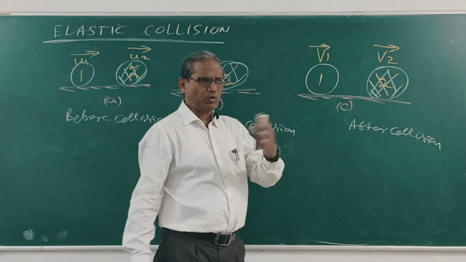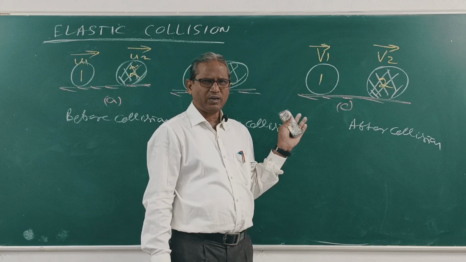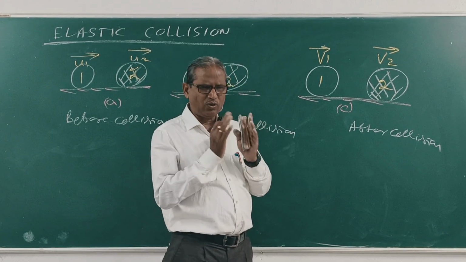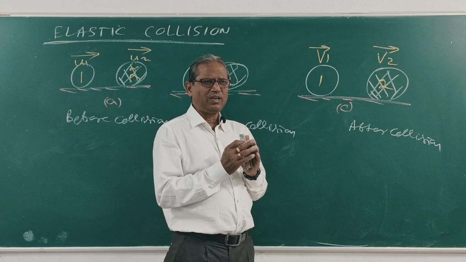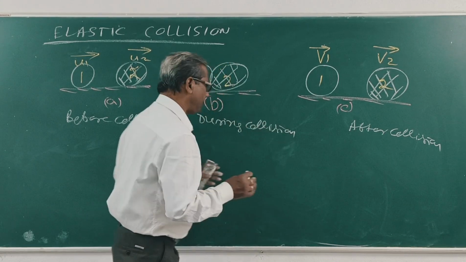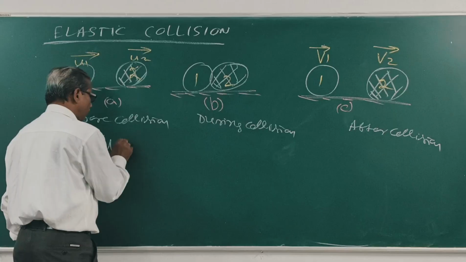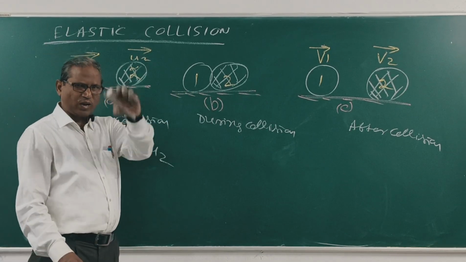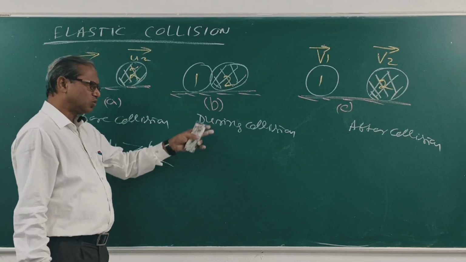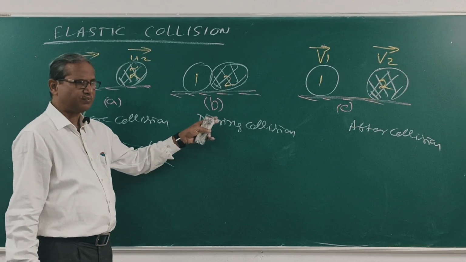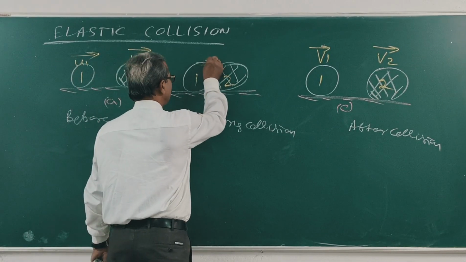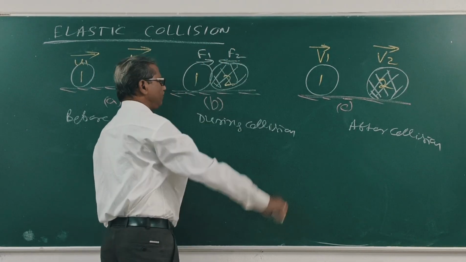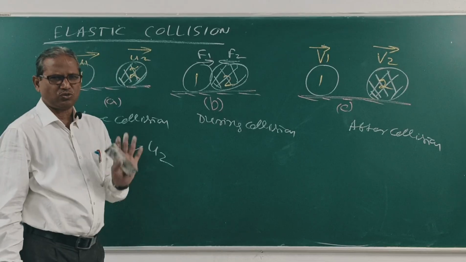Clear? So before collision, the velocities are u1 and u2. Here u1 is more than u2, only then can they collide. If u1 is more than u2, then body 1 can collide with body 2. During collision there is action and reaction, F1 and F2, so F1 plus F2 is equal to 0.